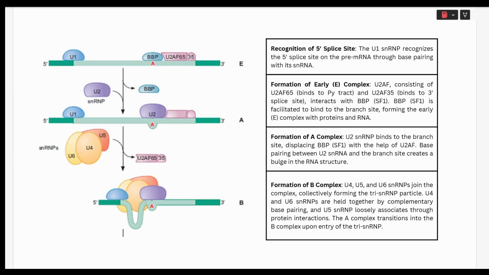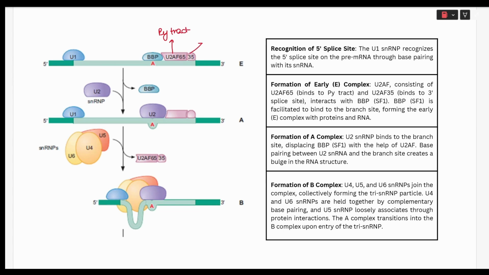Now, after that, U2AF65 and U2AF35 come. These are U2AF, which stands for U2 auxiliary factors. So U2AF, which consists of U2AF65 and U2AF35, comes, and let me tell you, the U2AF65, as you can see, is binding the PY tract, the polypyrimidine tract that we have.